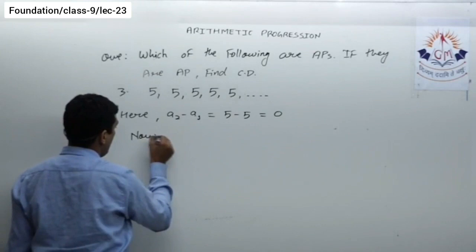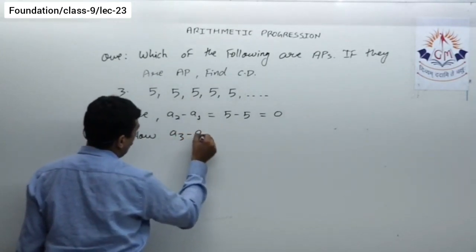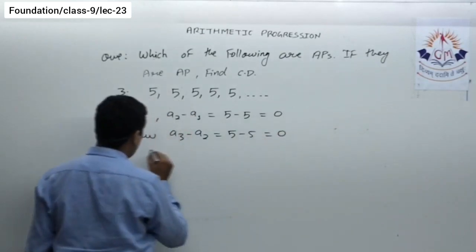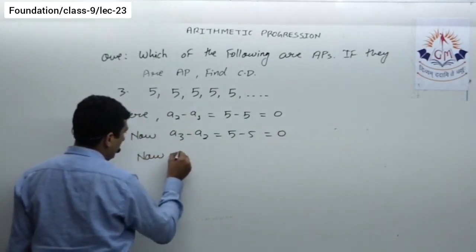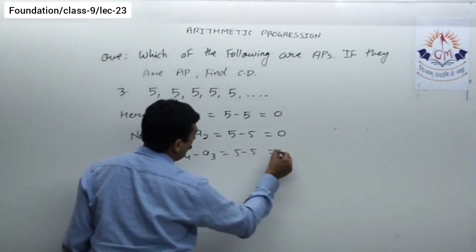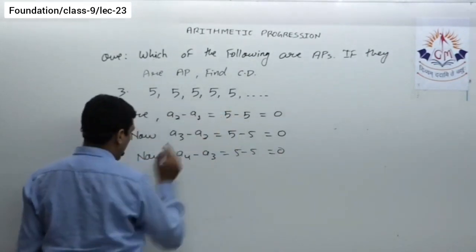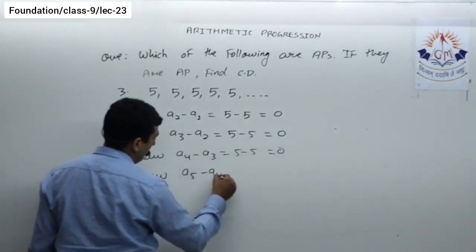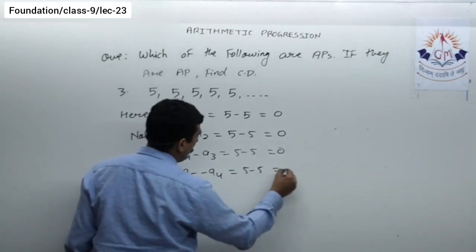Now A3 minus A2 is 5 minus 5, that is 0. Now A4 minus A3 is again 5 minus 5, 0. Here I gave you five terms, so I have to check once more. Now A5 minus A4 is again 5 minus 5, 0.